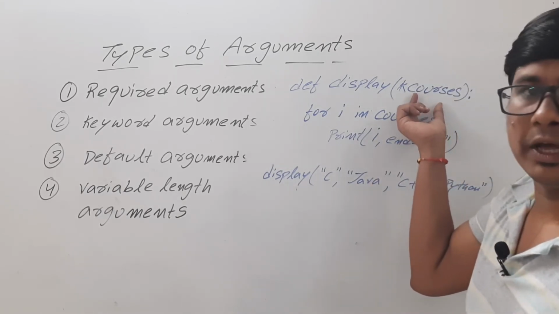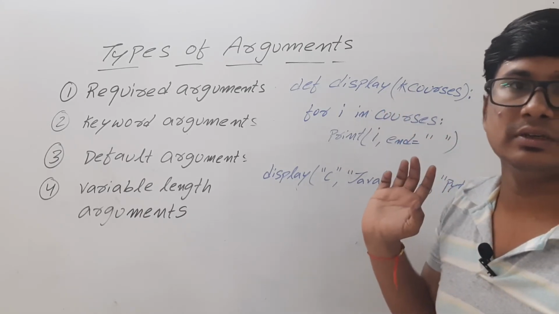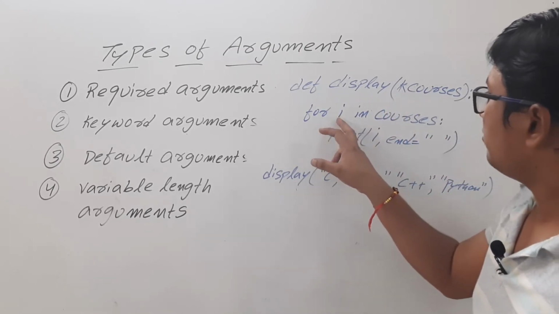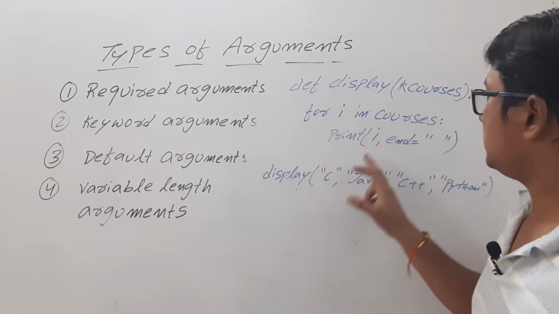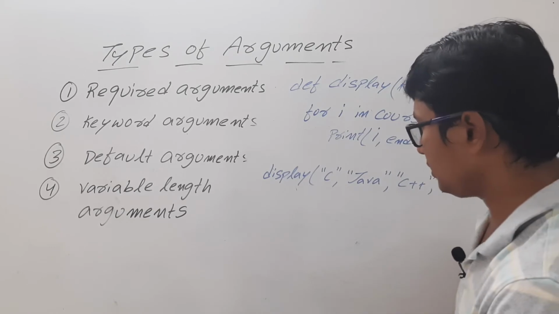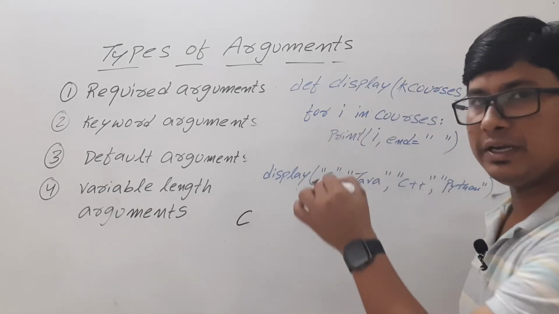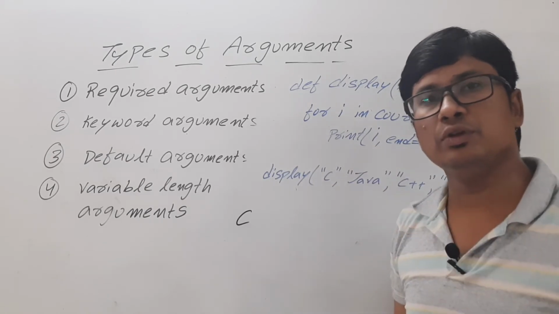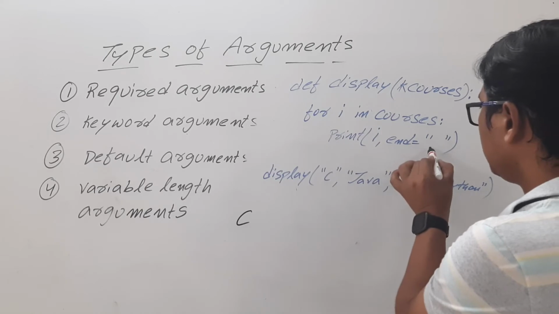So all these parameters will be stored in the parameter called courses. Is it clear? Then for i in courses, you go and display first C as an output. By default, the print statement goes to a new line after printing, but here I am providing end equal to a space within double quotes.